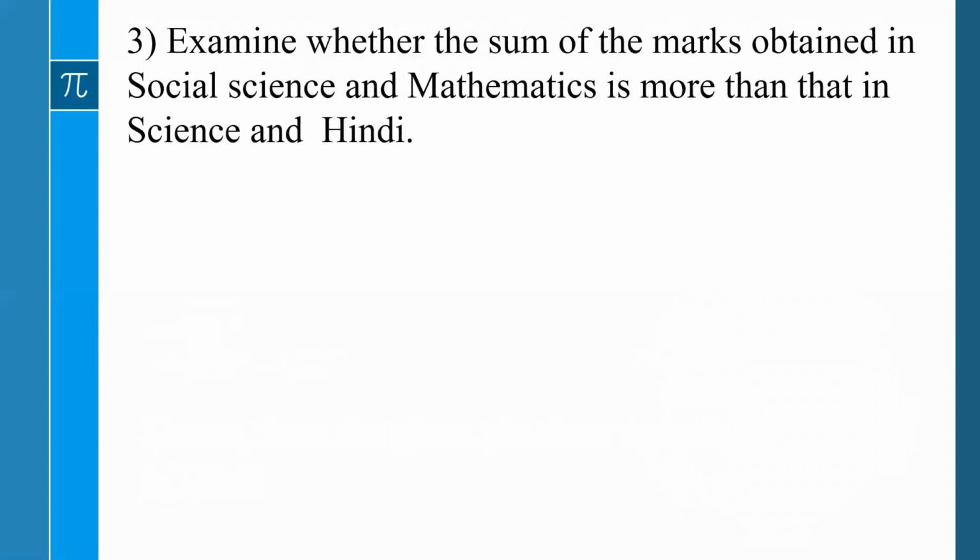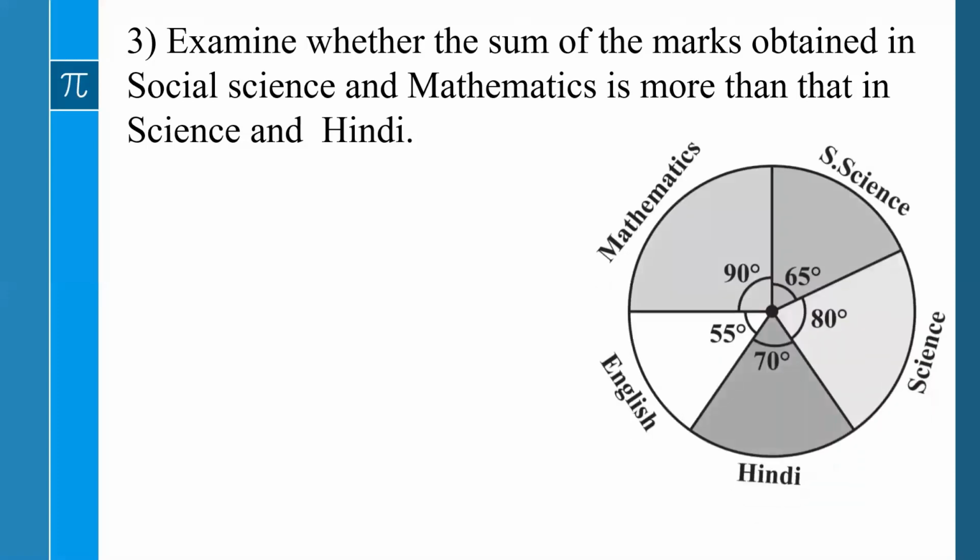Let's see the next question. Examine whether the sum of the marks obtained in social science and mathematics is more than that in science and Hindi. So again, we'll be summing up the degrees of social science and mathematics, and then science and Hindi separately, and then we'll compare them.